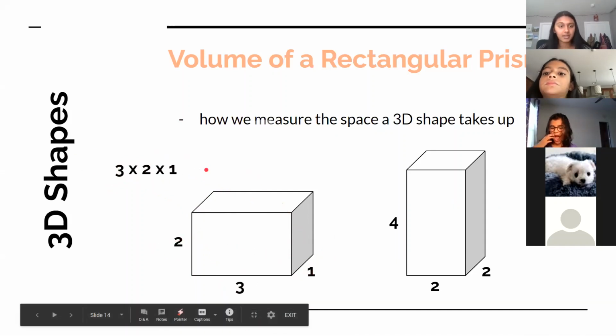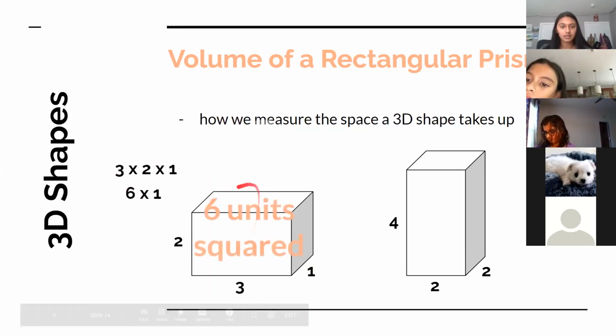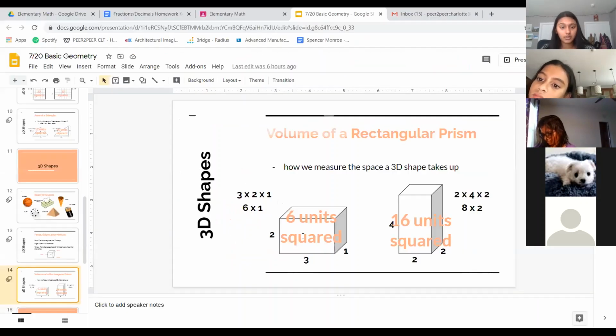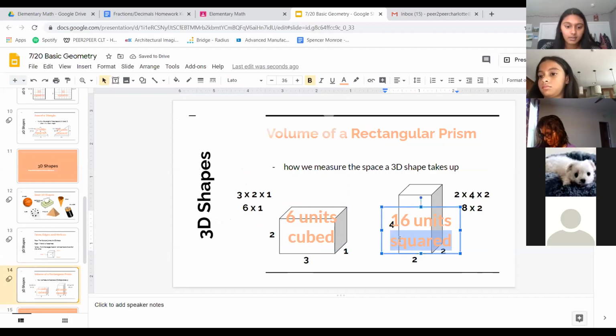So we do the PEMDAS, which is 3 times 2, which is 6 times 1, and that should be 6 units cubed. So when it's a volume, we do cubed.